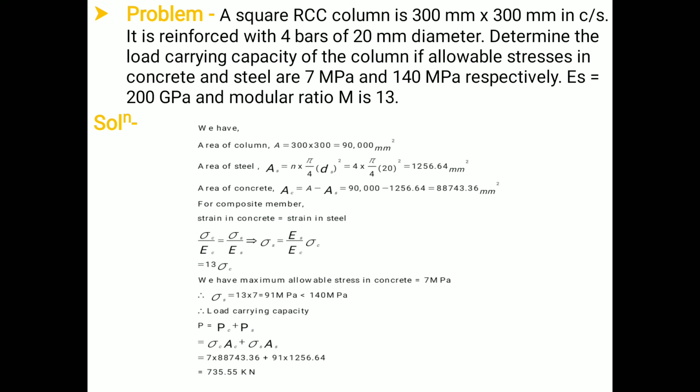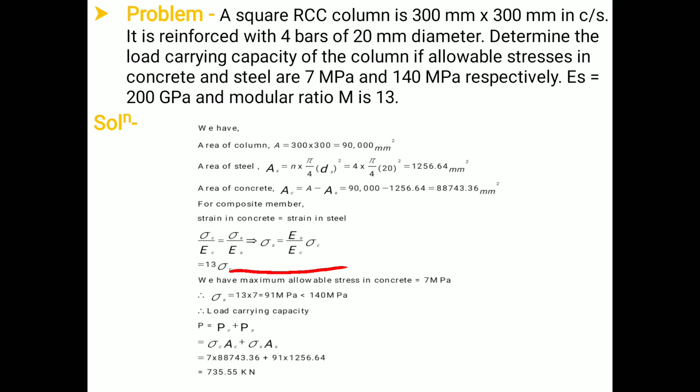Now as discussed in the previous slide, for the member in parallel or the composite member, the strain in both materials will be the same, that is epsilon 1 equals epsilon 2. Therefore sigma c upon Ec is equal to sigma s upon Es. Using Hooke's law, strain is equal to sigma upon E, so sigma s is equal to Es upon Ec into sigma c.